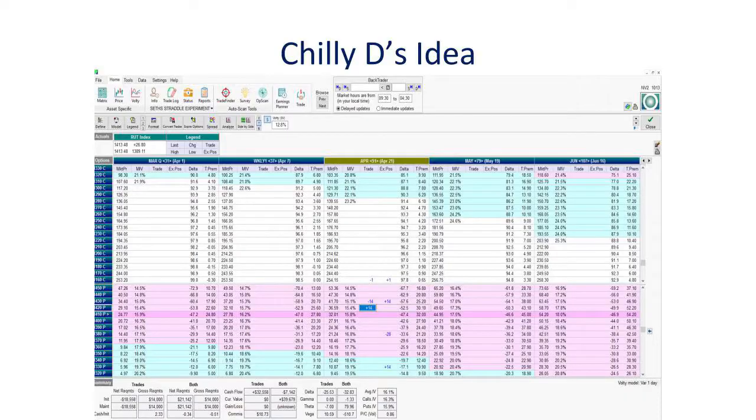He turned the position into a broken wing butterfly. He rolled the 1430 long put to 1420, and he just didn't buy the call.